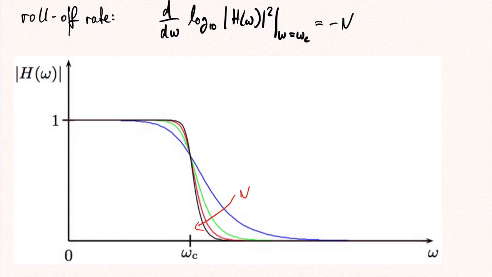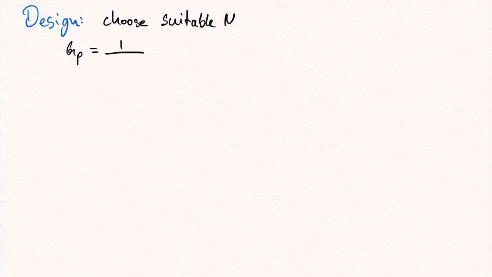The Butterworth filter has only one decision variable, which is the order n, so the design process is relatively simple. All we have to do is to choose a suitable order n. For this, we need to calculate Gp, the gain of the passband, which is given by 1 divided by the square root of 1 over (1 minus delta p) squared minus 1, and Gs, which is the gain of the stopband.